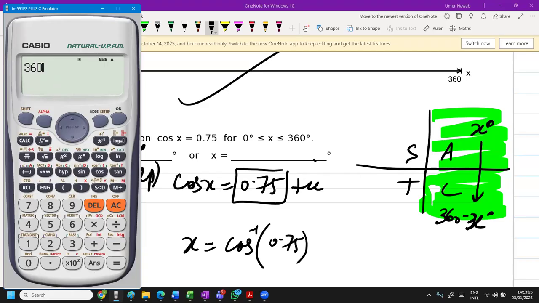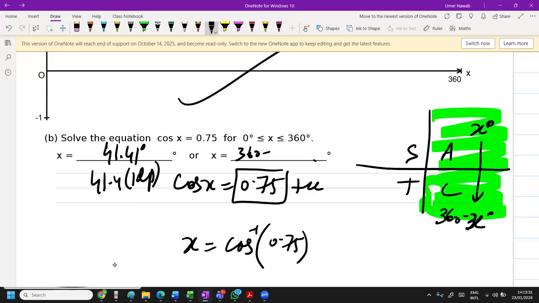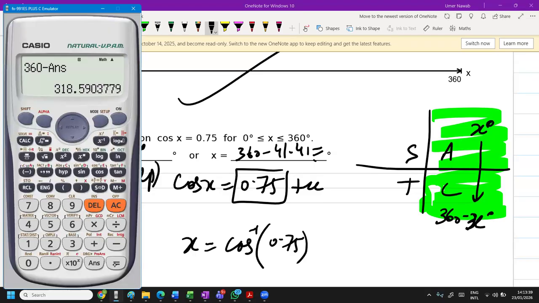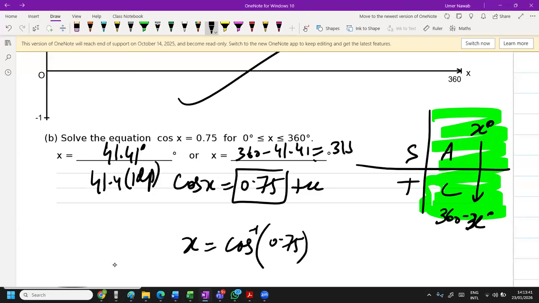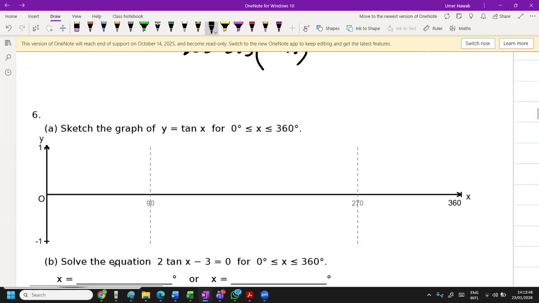So 360 minus ANS gives me 318.6. So 360 minus 41.41 equals 318.6. And you can also check your answer through the equation solver.